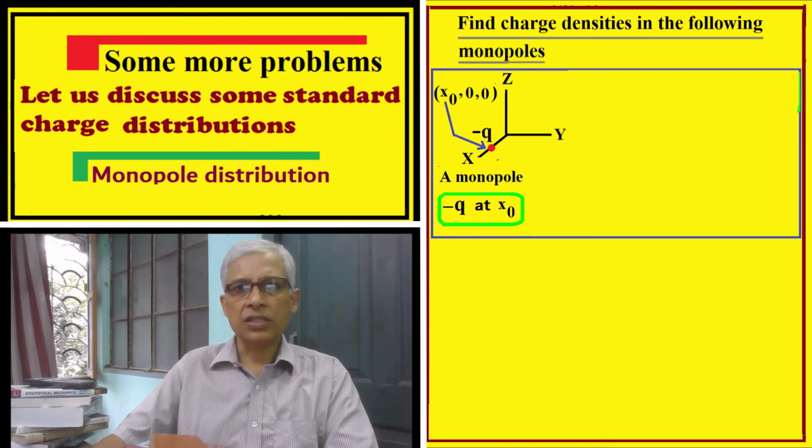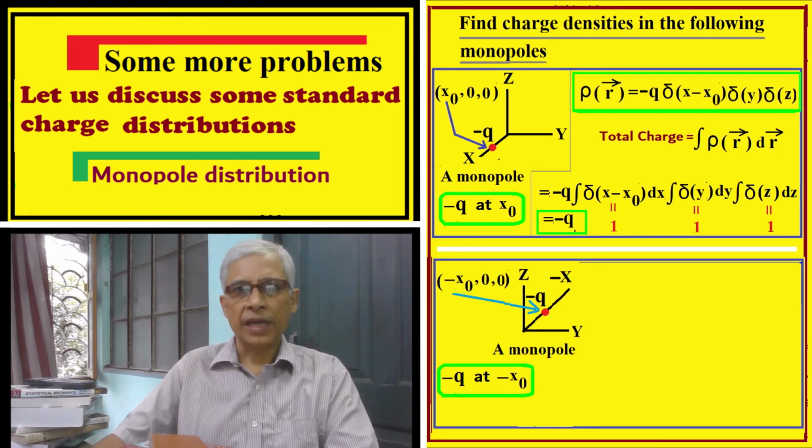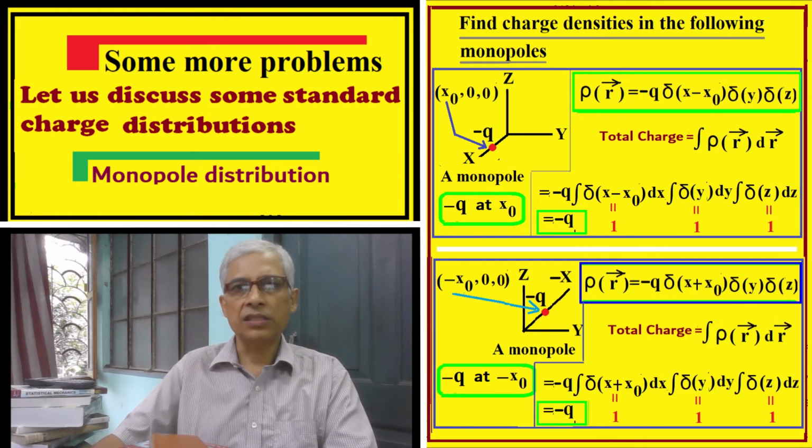If minus Q is at positive x-axis, we have what is shown in the green box. And if minus Q is at minus x0, that is on the negative x-axis, we have a charge density written within the blue box. I wish you verify the results and satisfy yourselves.